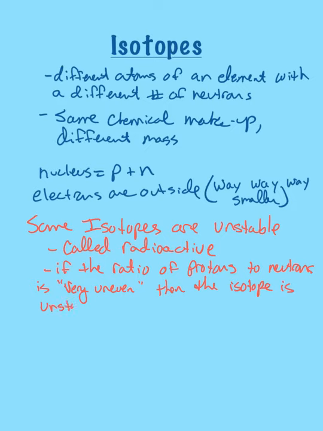I put that in quotes because there's no definite number, like once you have this many more neutrons, then it's automatically unstable. It doesn't really work like that. But the closer the ratio of protons to neutrons is to 1, the more stable it's going to be.